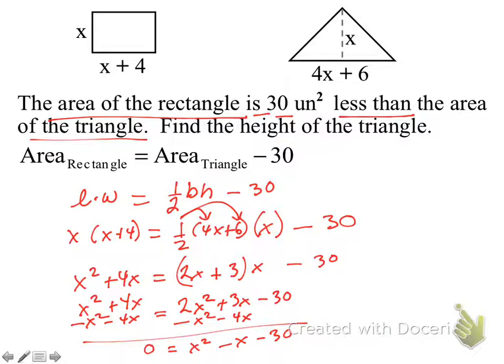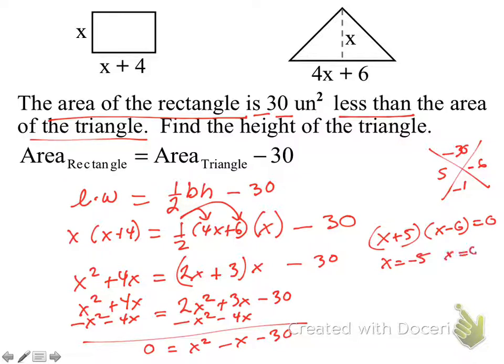Questions? And now what multiplies to negative 30 and adds to negative 1? Positive 5, negative 6. So we're doing x plus 5 times x minus 6 equals 0. X is equal to negative 5, x is equal to 6.